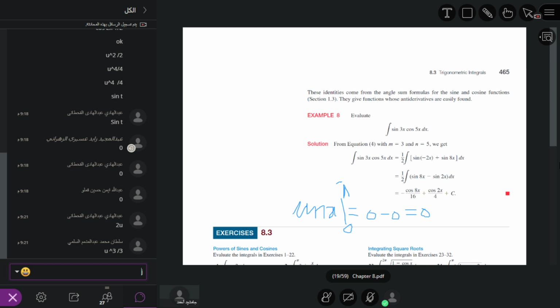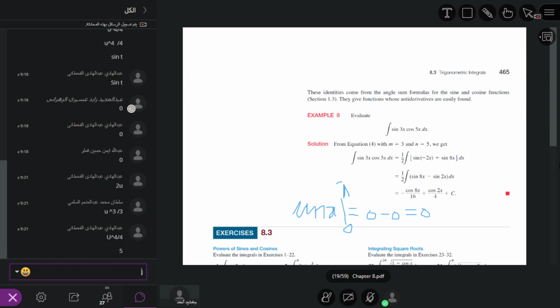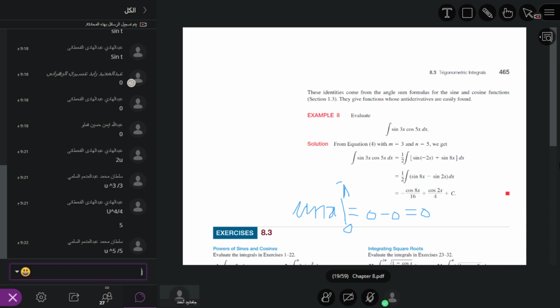What is the integral of u power 4? U power 5 divided by 5.